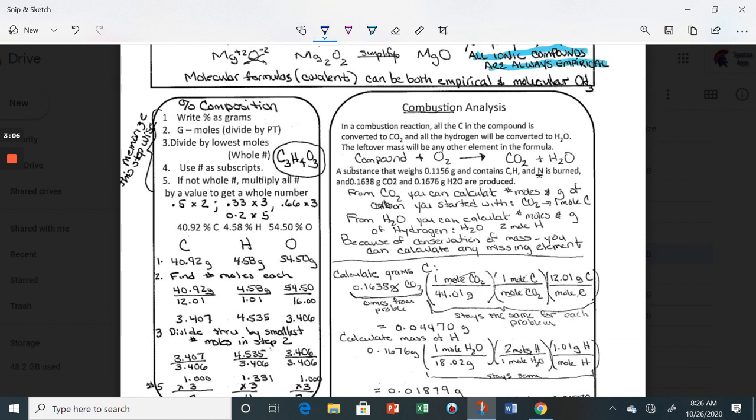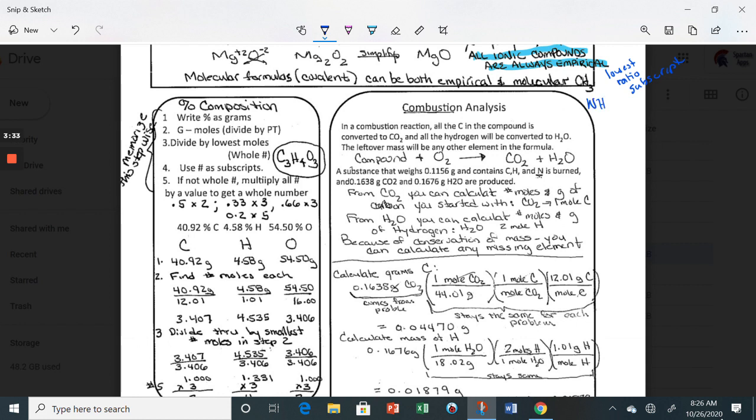They always have the lowest ratio subscript. However, molecular formulas can be both empirical and molecular, or they can be just molecular and then you have to reduce it to get its empirical.